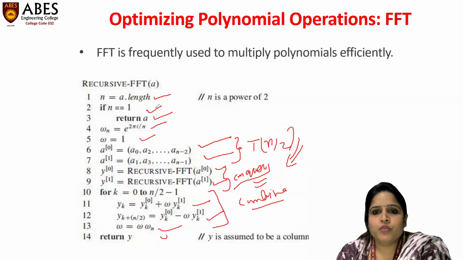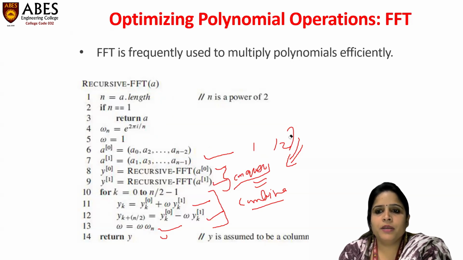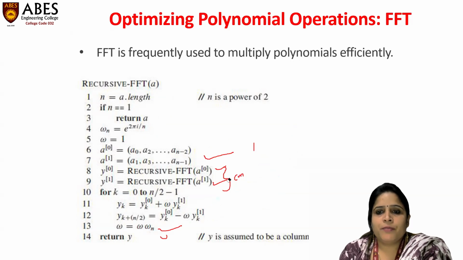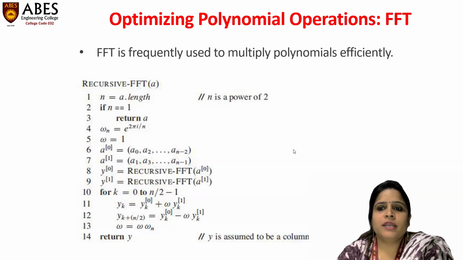So if you want to compute and analyze this fast Fourier approach for algebraic polynomial operation, it will divide our problem into size n by 2, and then recursively compute the solution and then combine.